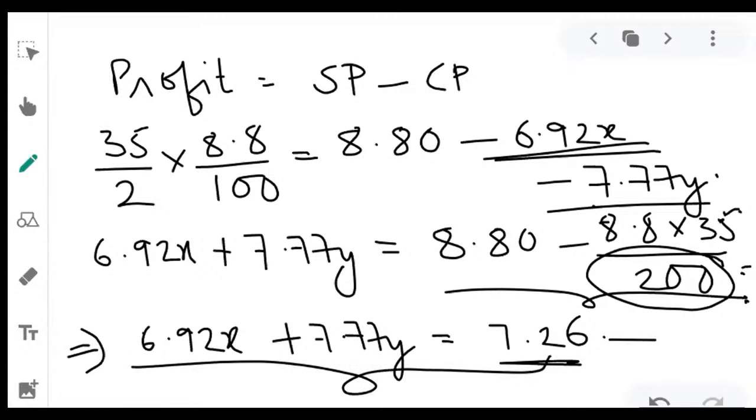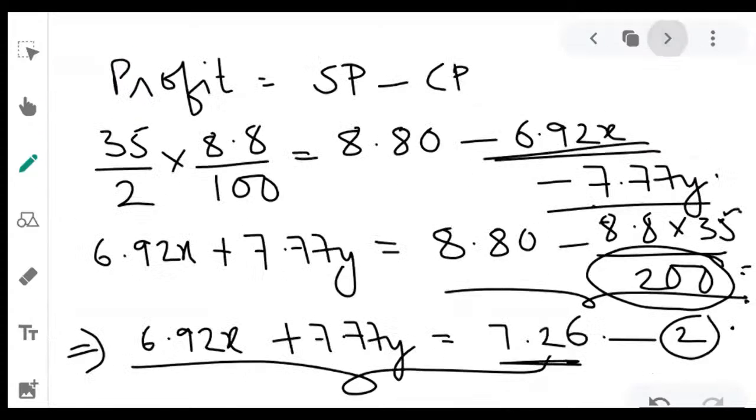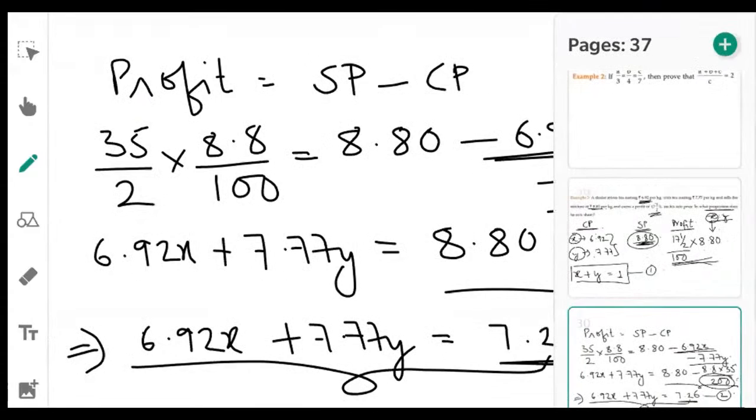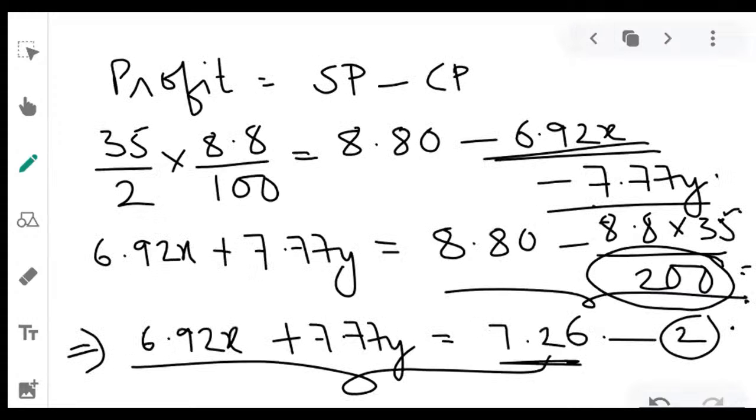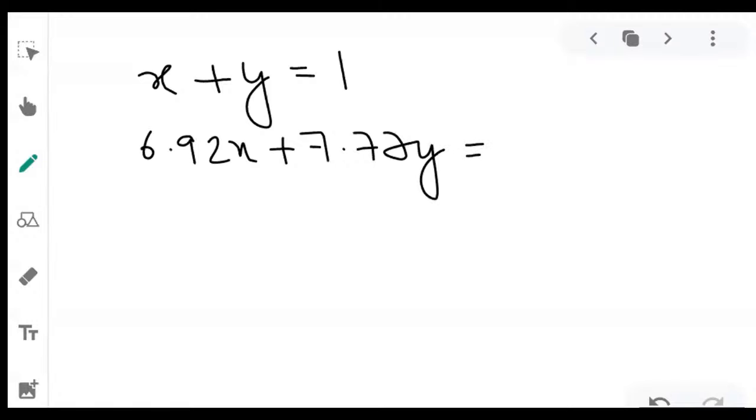So this is my second equation. So I have two linear equations with two unknowns. Can I solve these for x and y?